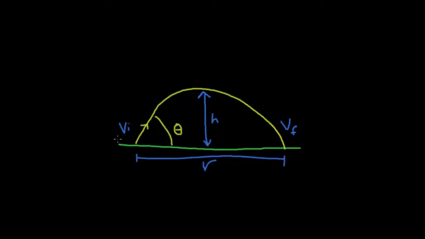In any projectile motion problem, you want to first analyze the initial component, which is over here. This initial velocity vector can be broken up into two components: the vertical component and the horizontal component.